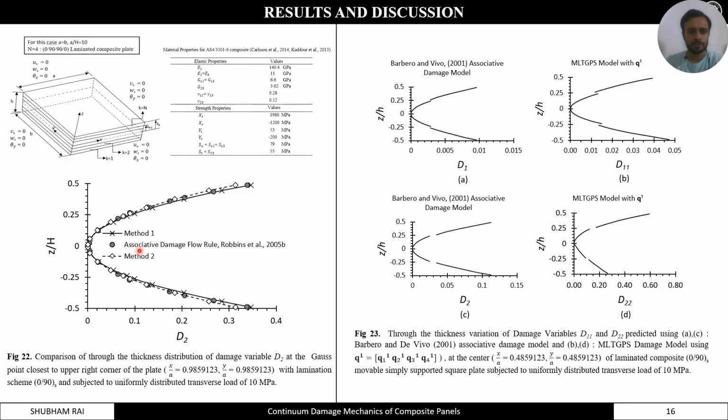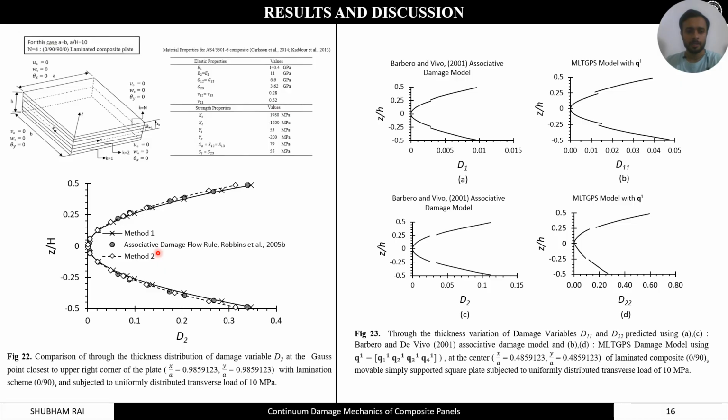We are able to see that our formulation matches very well with the associative damage flow rule model, which was modeled in 2005 by Robin et al. But they have used method 1 for damage modeling, which is not consistent because it was not satisfying the loading criteria.